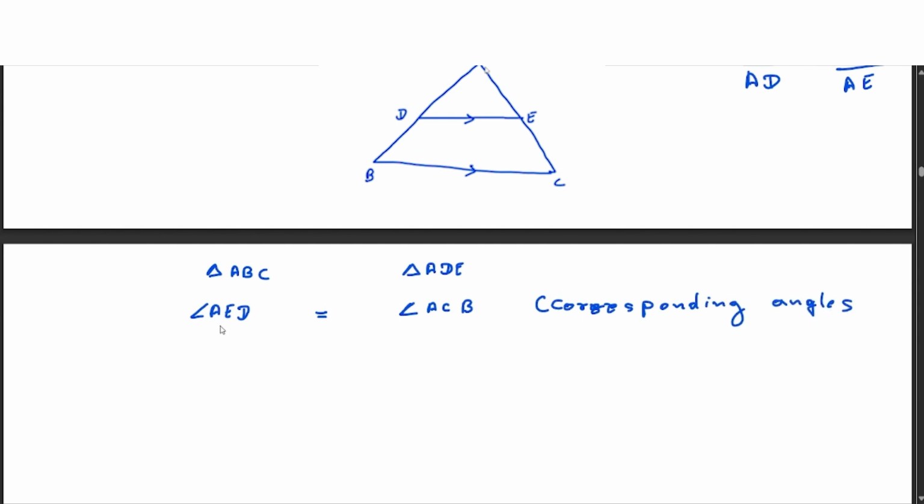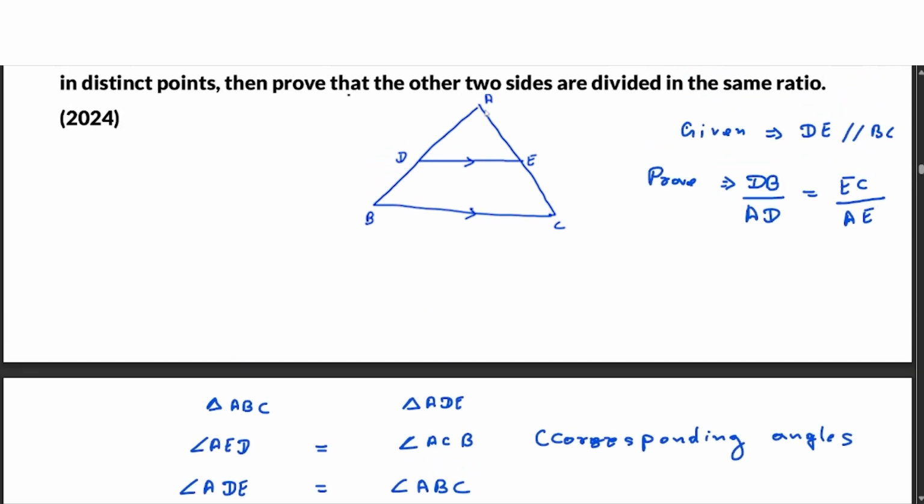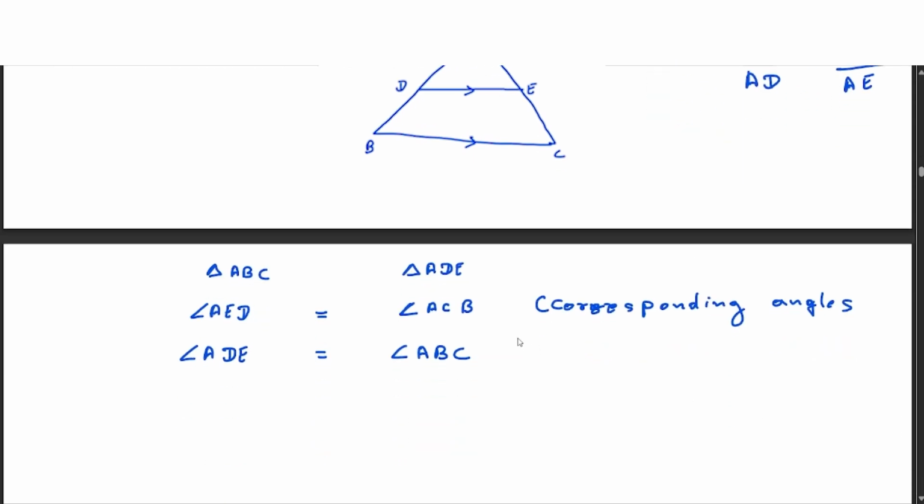Now in the same way, angle ADE is equal to angle ABC. In triangle ADE, this angle is equal to angle ABC, this one. Clear? By the same reason, corresponding angles.